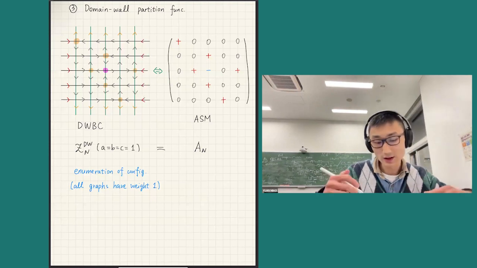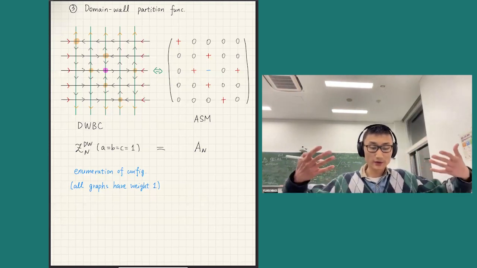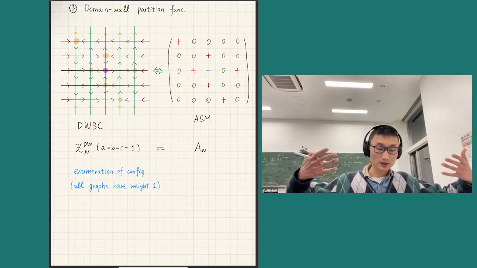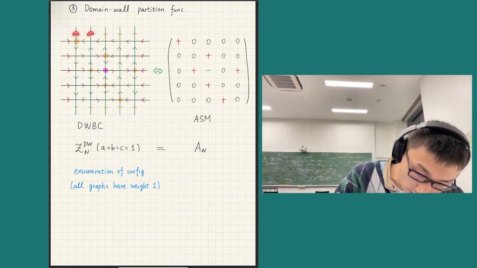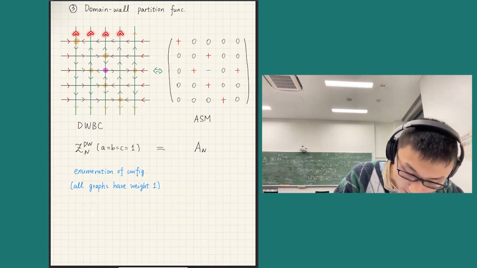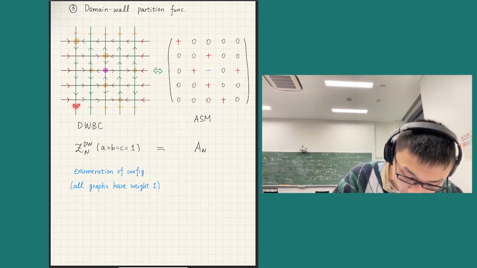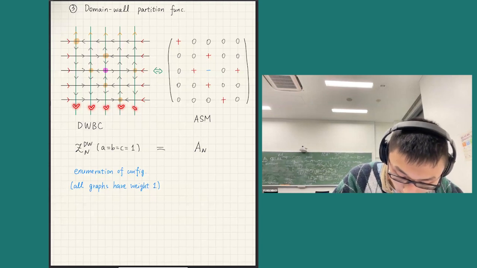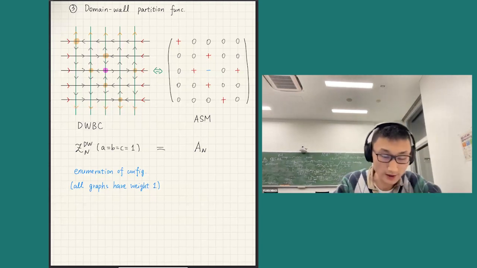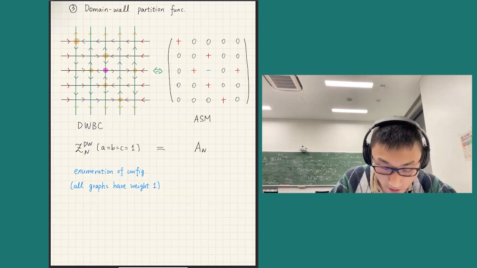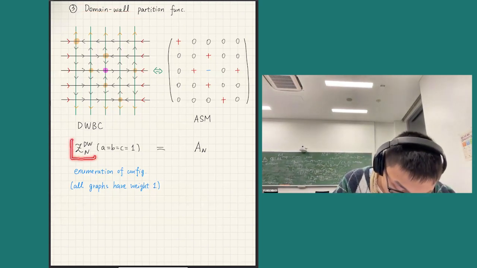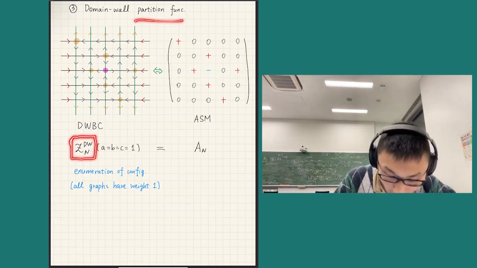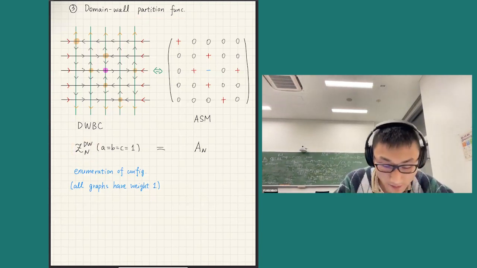And in order to keep the number of vertices conserved, I want to consider all the arrows on the up and down boundaries to be going out. And this is essentially the definition of a domain wall boundary condition. And then I want to consider the partition function of such a domain wall boundary condition.